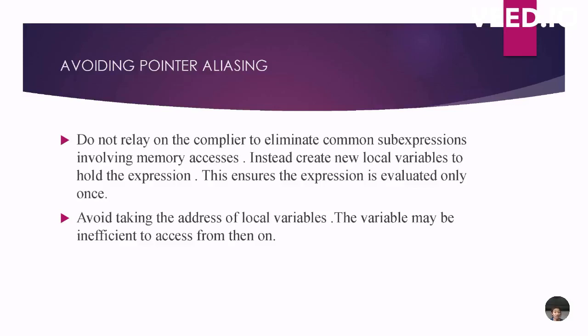Instead, create new local variables to hold the expression. This ensures the expression is evaluated only once. Avoid taking the addresses of local variables. The variable may be inefficient to access from then on. This is about the methods of avoiding the pointer aliasing.